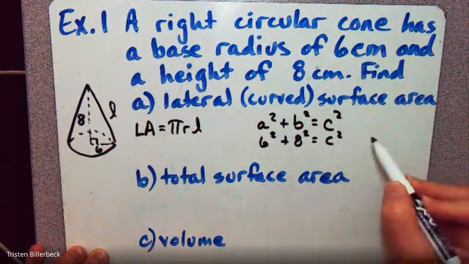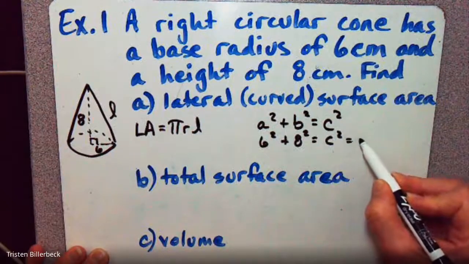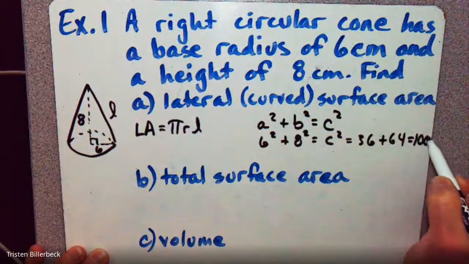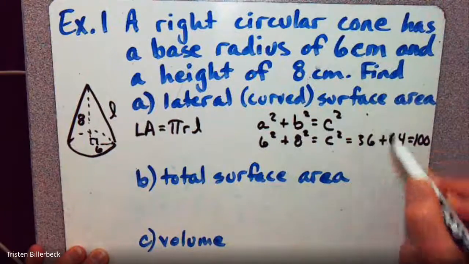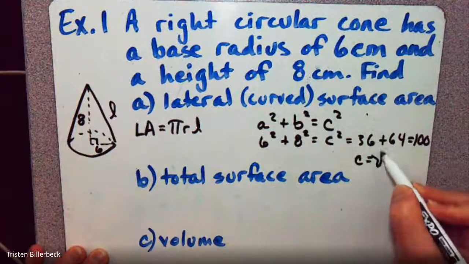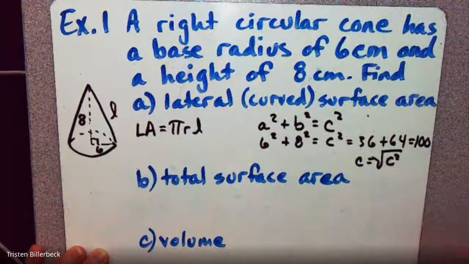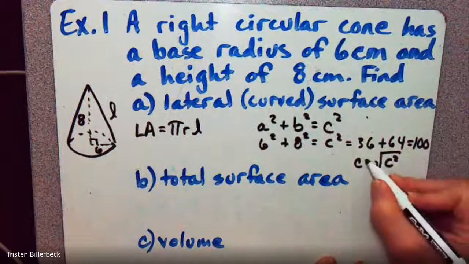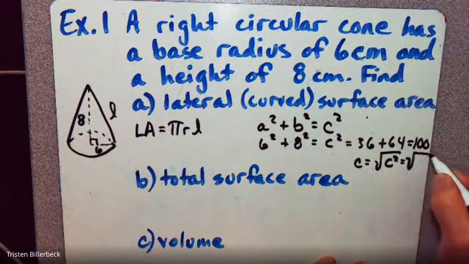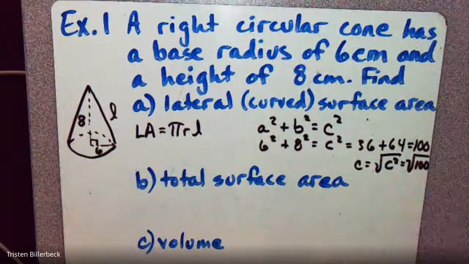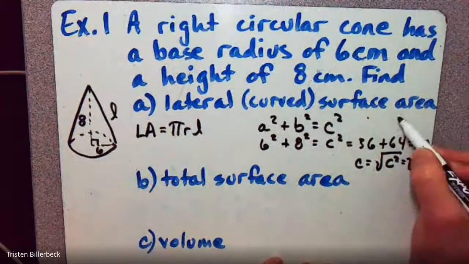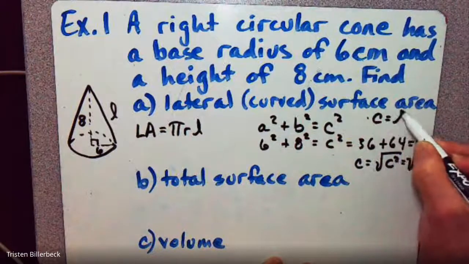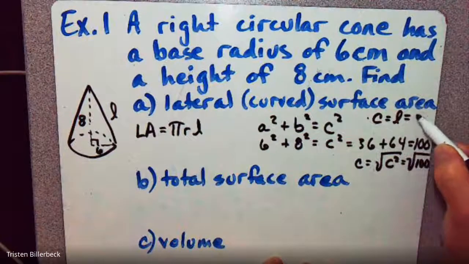Okay, so then we have 36 plus 64 equals 100. So if c equals the square root of c squared, what is the square root of 100? Okay, so c ends up being, we're going to put c is the same thing as L in this case, which ends up 10.